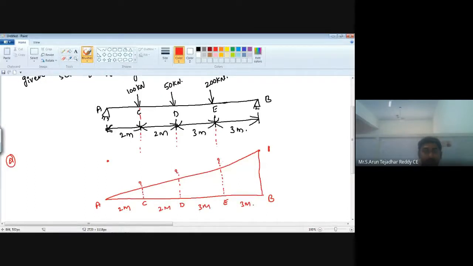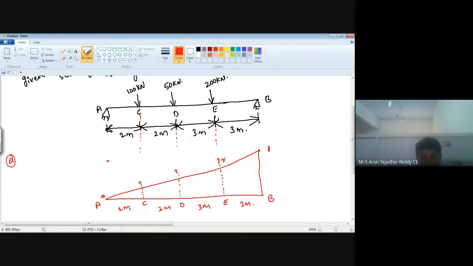But maximum intensity is 1. Initial intensity is 0, maximum is 1. Up to here clear, no problem. But what about C, D, E? So next we should calculate these three values.